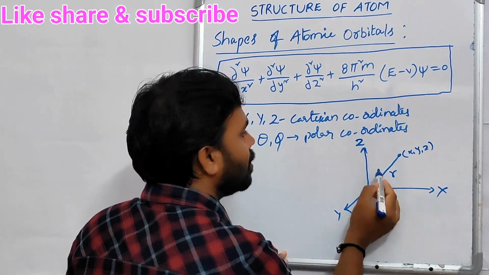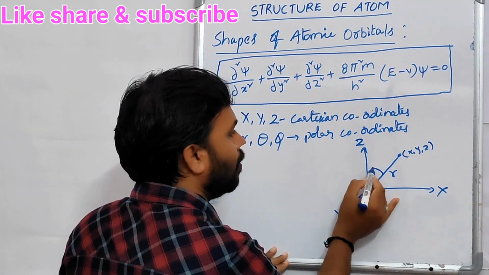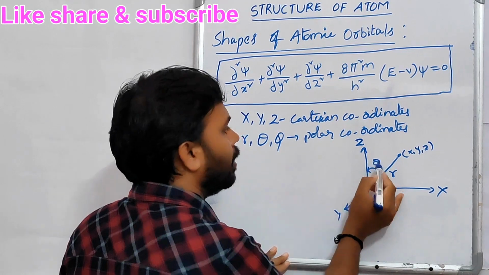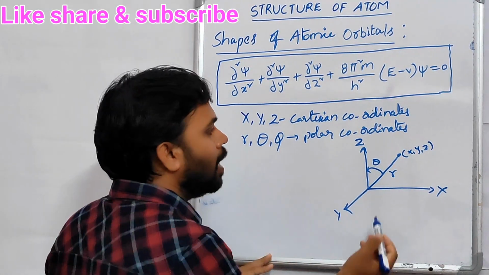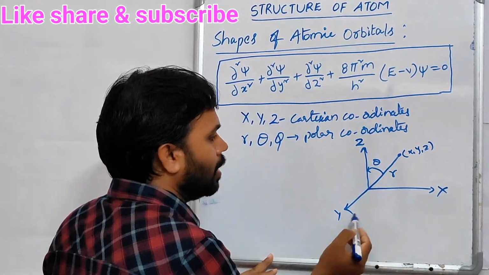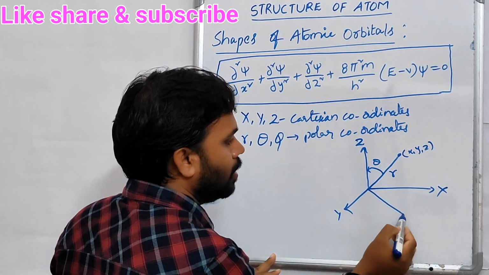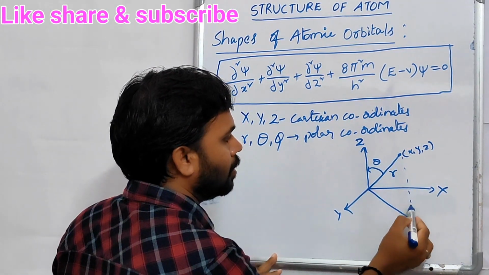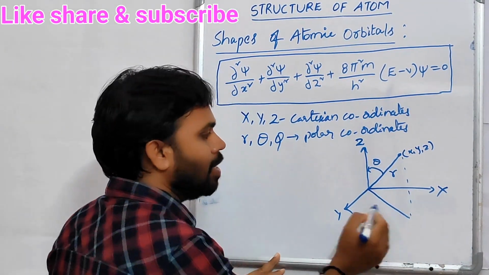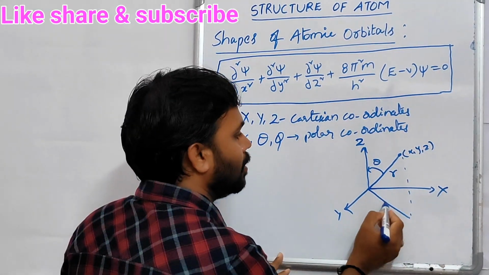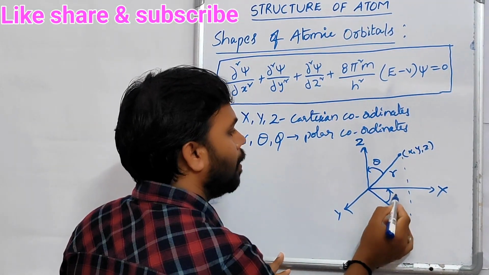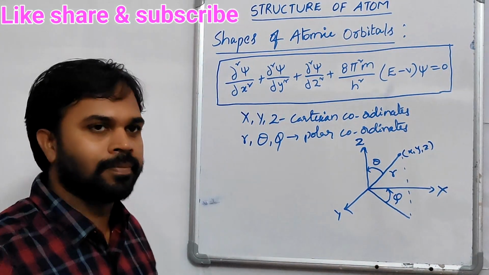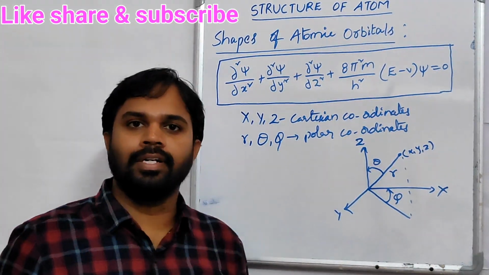This line makes an angle with the z-axis in an anti-clockwise direction. This is theta. And let's assume an imaginary projection of this line in the xy plane, like this. This imaginary line makes an angle with the x-axis in an anti-clockwise direction, which is phi. These are called polar coordinates.